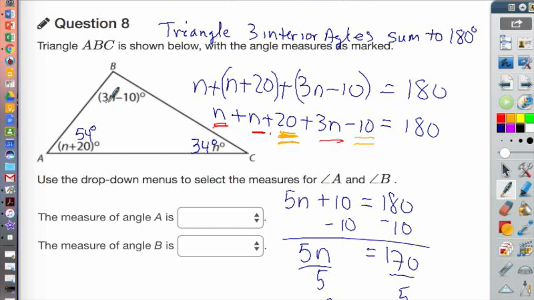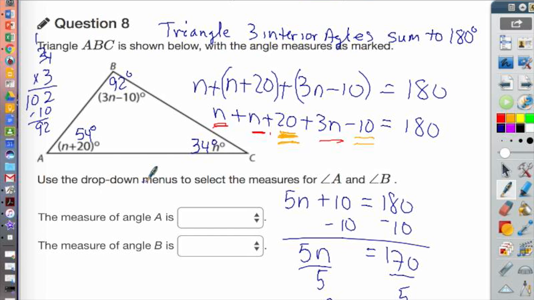And now this one is 3 times 34. That's 12, carry the 1, 102, minus 10, 92 degrees. If I add that together, 54 and 34 is 88, plus 92, so it adds up to 180.